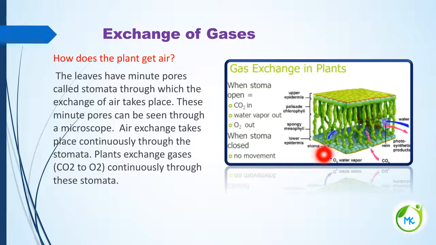In the picture it is marked as stoma. Through these stomata only, the gases are exchanged. During the process of photosynthesis, CO2 is taken inside and oxygen is left out. Whereas in respiration, oxygen is taken in and carbon dioxide is left out.